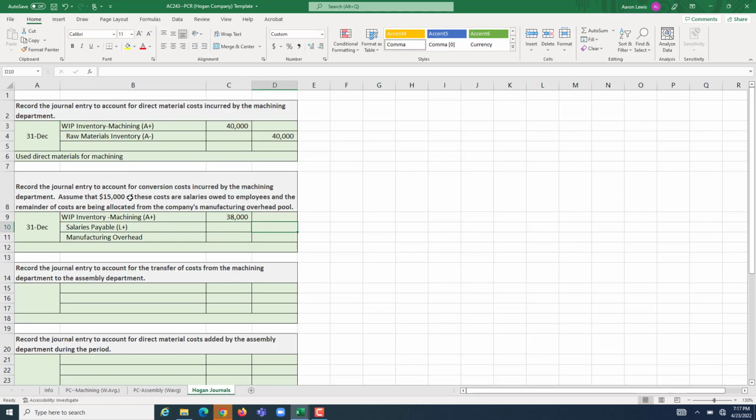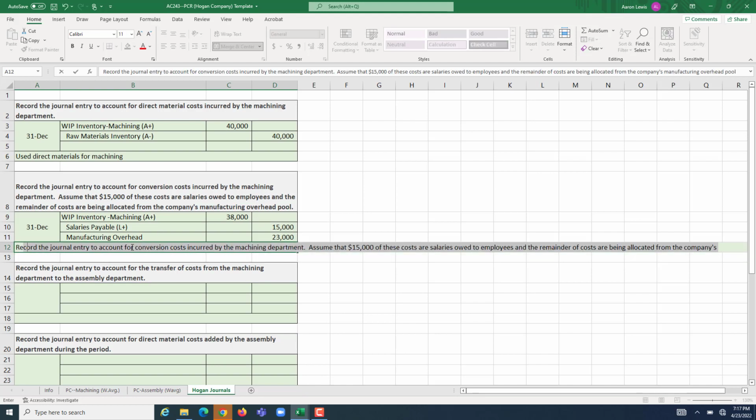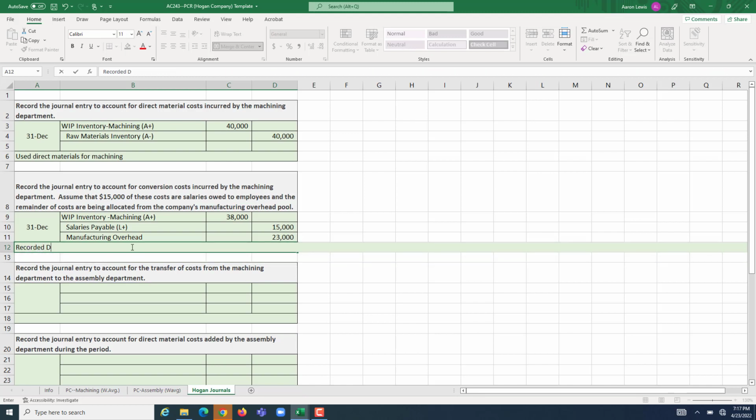We know from our information that $15,000 of these are for salaries owed to employees, which means the difference between those two numbers has to be how much was allocated from the company's manufacturing overhead pool. That would be $23,000. And we recorded December conversion costs for the machining department.